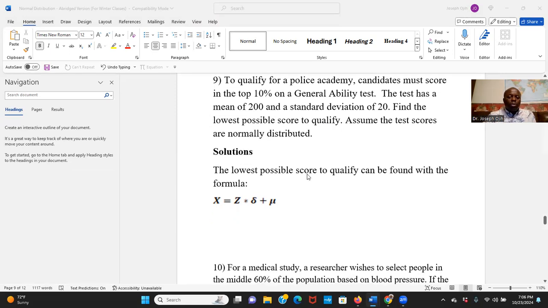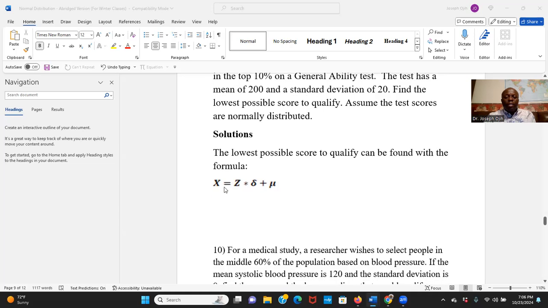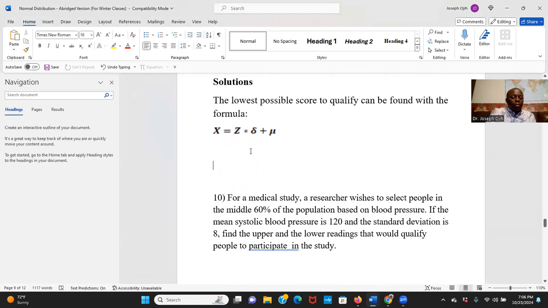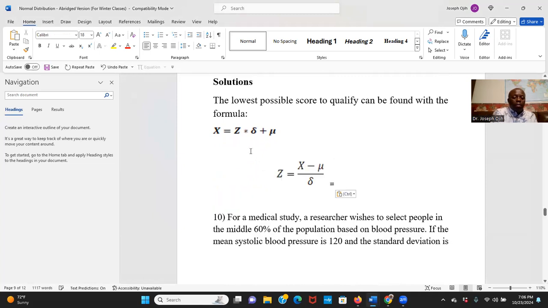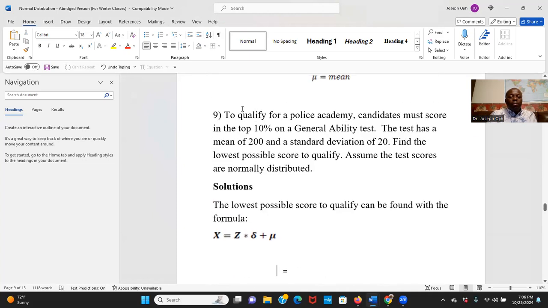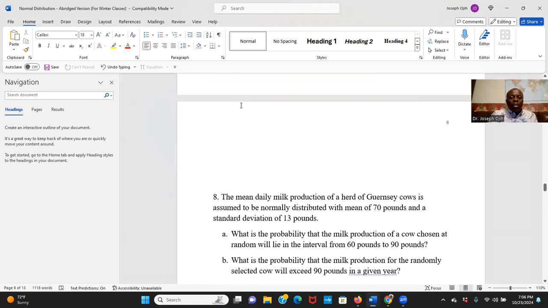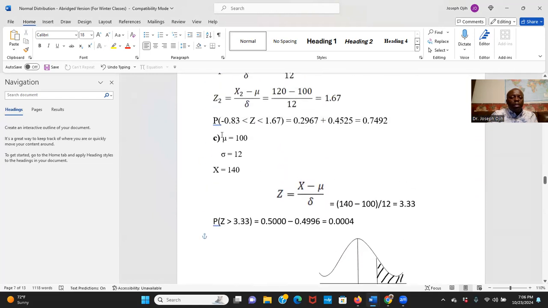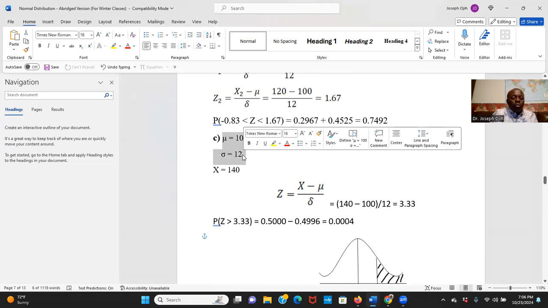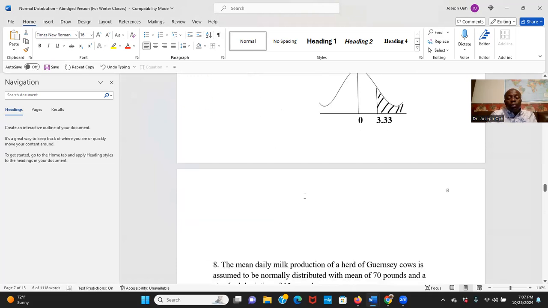The lowest possible score to qualify can be found using this formula, x equals z times standard deviation plus the mean. The mean and standard deviation are given, and x is what we don't know, what we're looking for.